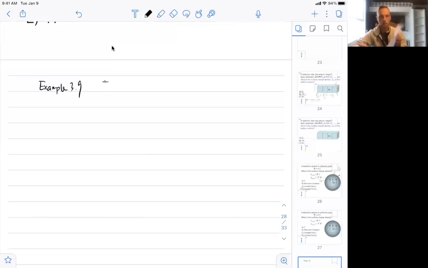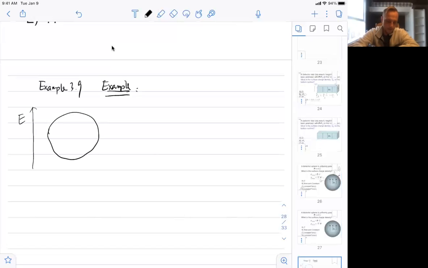It's a classic example: you have an external field pointing this way, your polarization this way, and you put a sphere inside an external field and ask what is going on inside. So we see the bound charge is P dot n, which is P naught cosine theta. For a constant times cosine theta, you're going to end up with positive charges on the top and negative charges on the bottom.